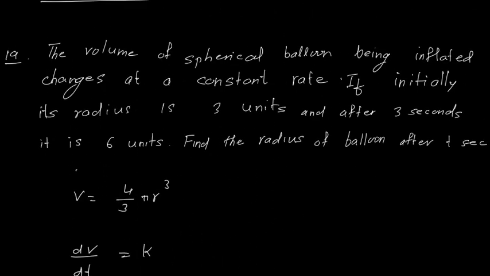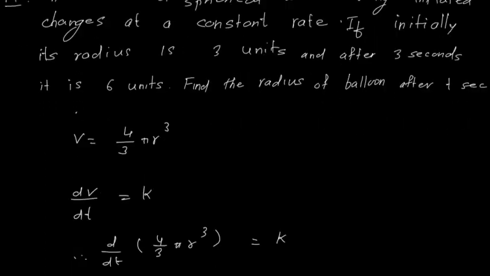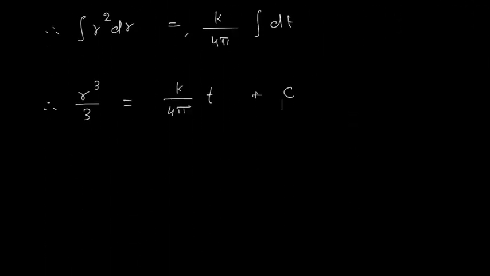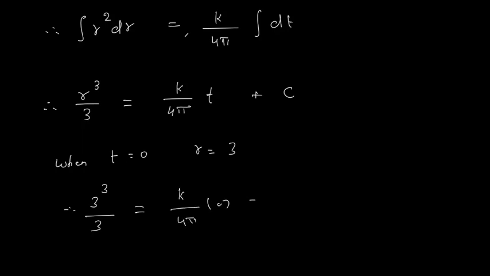They have also given two conditions, that initially the radius is 3 units. So when t is 0, r is 3, therefore 3 cube divided by 3 is equal to k upon 4 pi into 0 plus c. So 3 3s are 9 is equal to c. We get the value of c as 9.